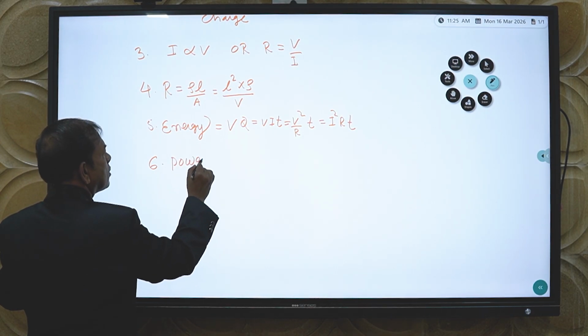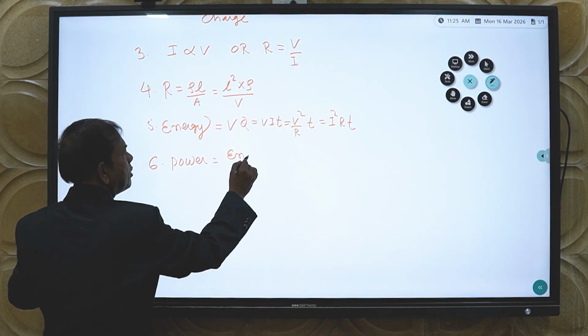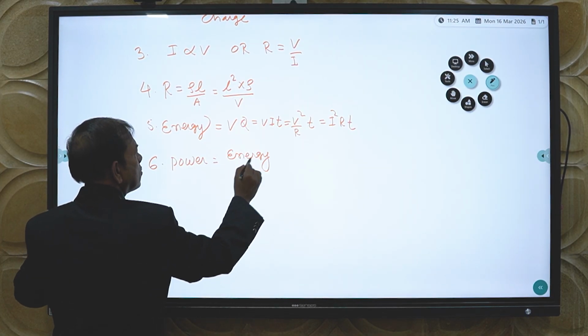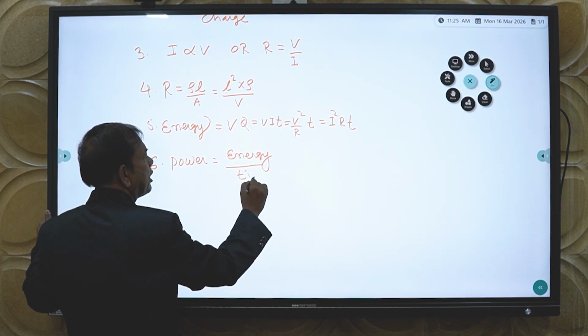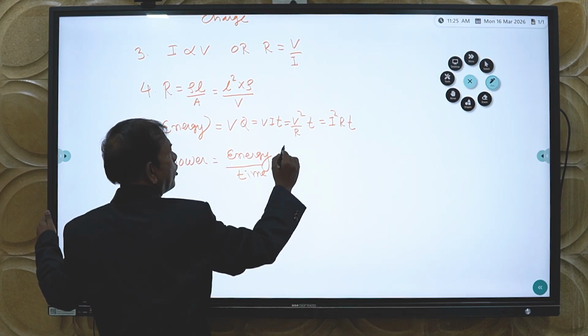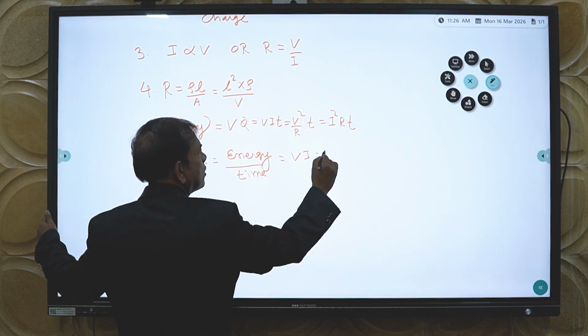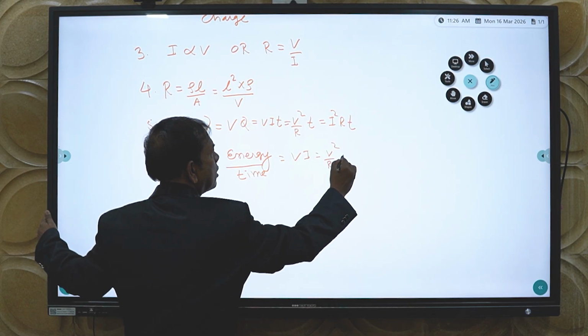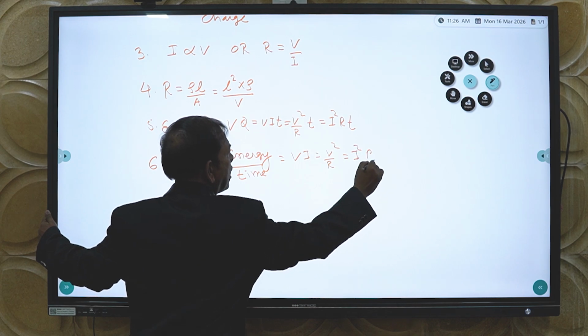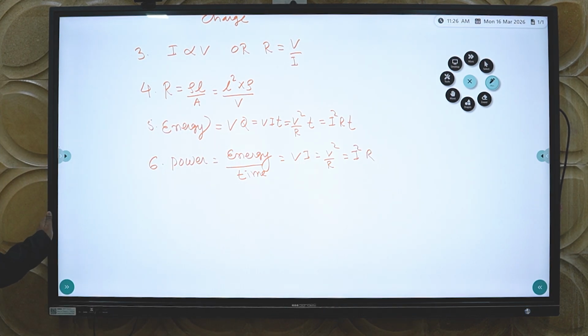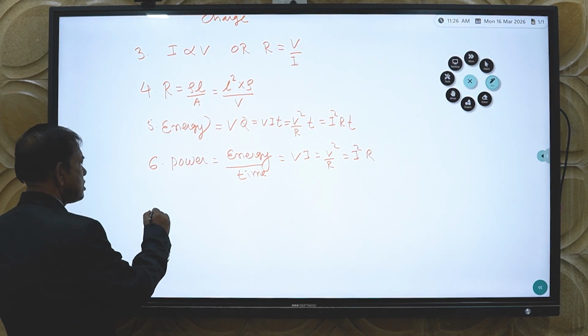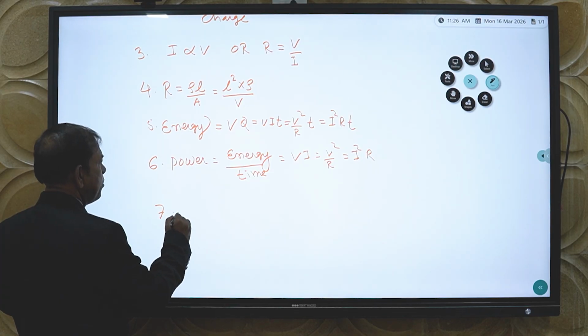Power is energy upon time, so I can cancel time from this. So VI equal to V square upon R equal to I square R. That is electrical power.